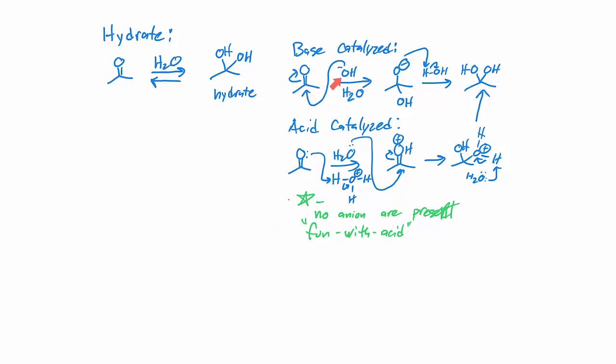We've got a negatively charged OH minus, the base. It produces a new O minus on our ketone, and then this final proton transfer step, removing a proton from water, regenerates the base. It regenerates the OH minus. You should not be putting any plus charges anywhere in here unless you consider the sodium counterion for this OH minus, which we sometimes will put in, but most of the time we won't.